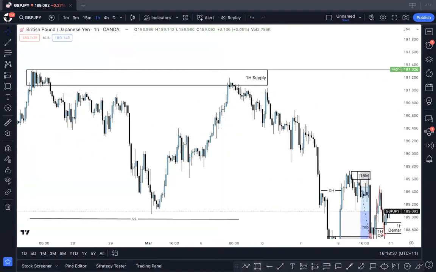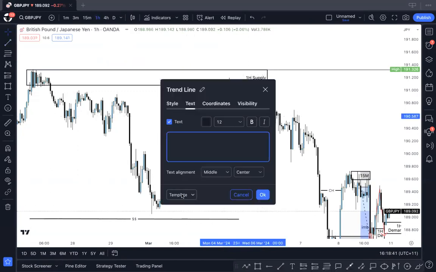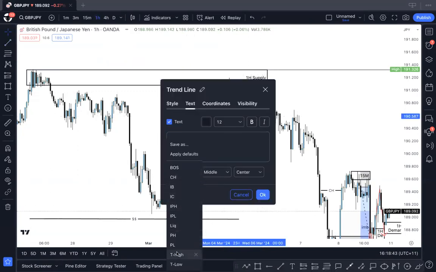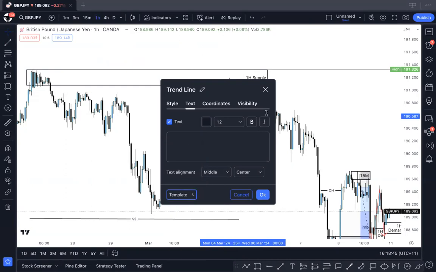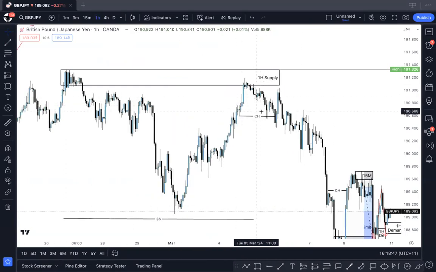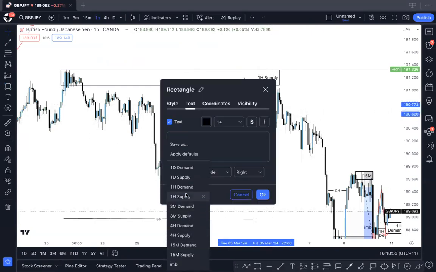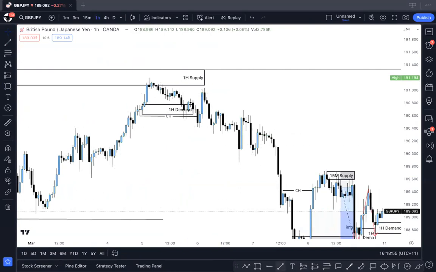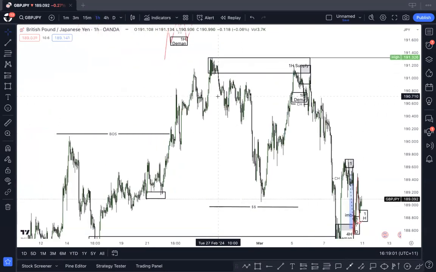If we have a really nice failure of this zone, what am I looking at? A failure of this zone, because this is a demand zone failure, essentially a change of character. Now this trade, you can absolutely take it like that. Were you there last time?